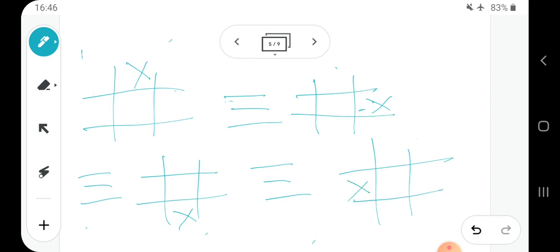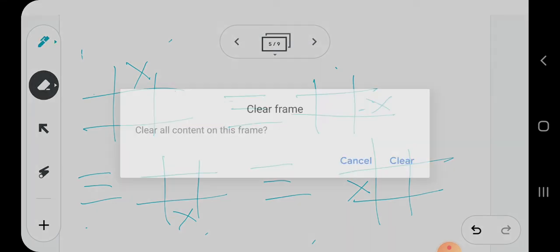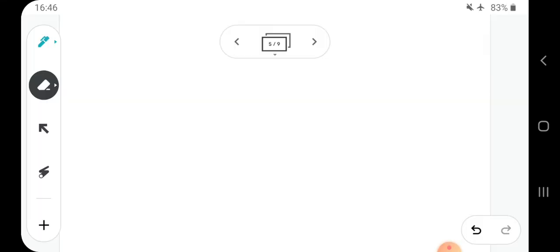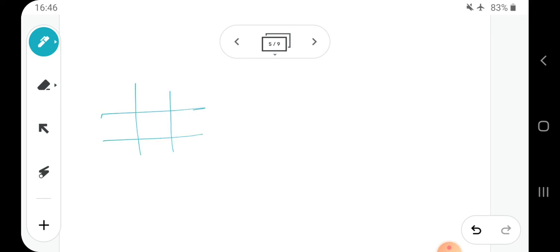So by now we can see that just by 3 different moves a player can select all 9 positions in order to proceed with the initial game.